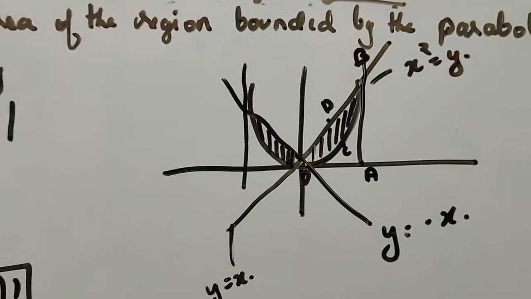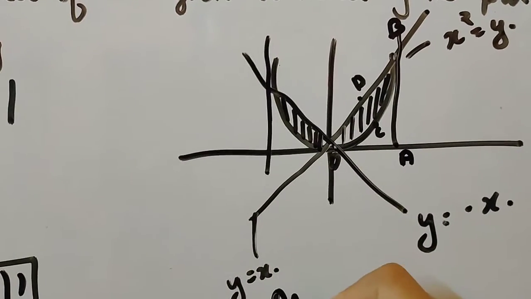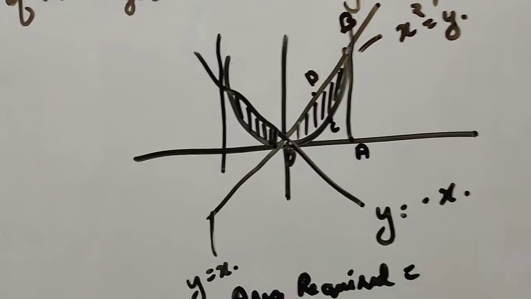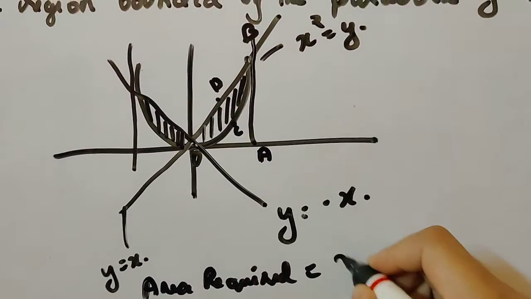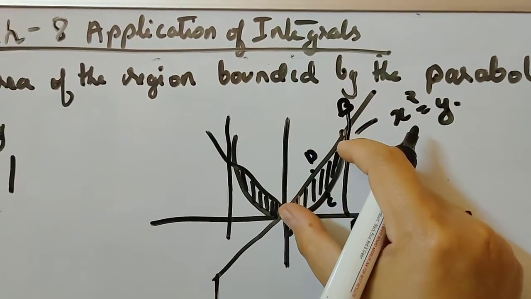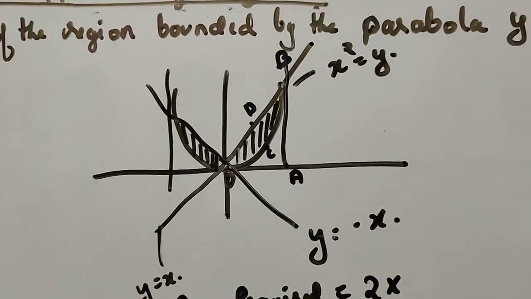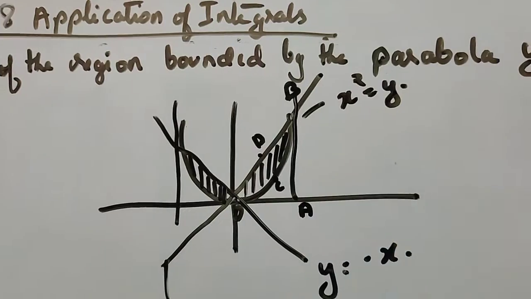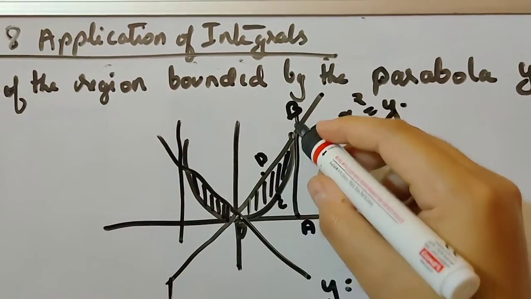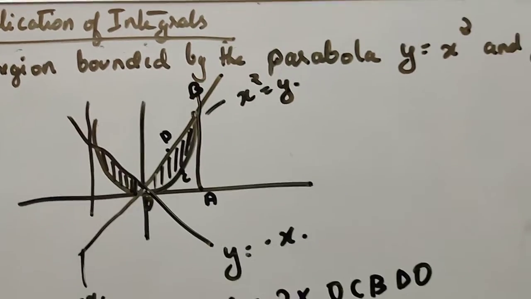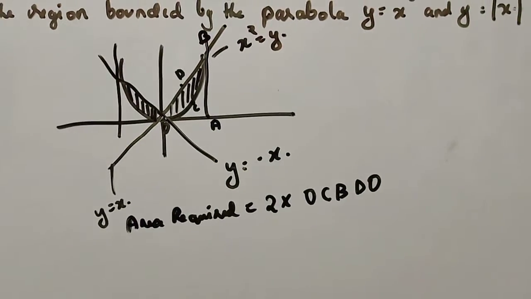So the area required is 2 times this area. Both sides will be the same, so if we find one area and multiply by 2, we will get OCBDO.